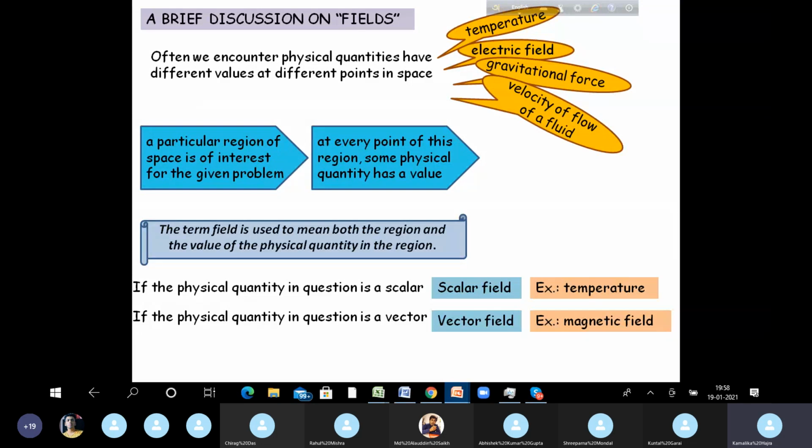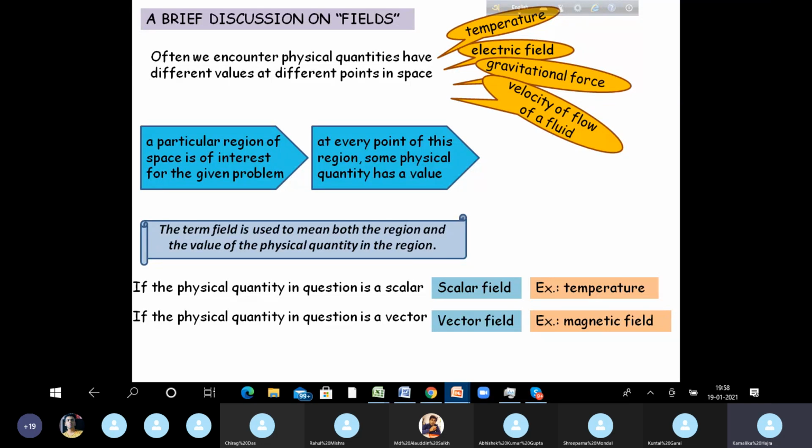So from now on, just keep in mind that we will be dealing with not constant scalars or vectors, but scalar fields or vector fields. And when we are taking the gradient, divergence or curl of the scalar or vector quantity, we are taking the gradient of a scalar field. We will soon see how we take the gradient of a scalar field, or the divergence or curl of a vector field.